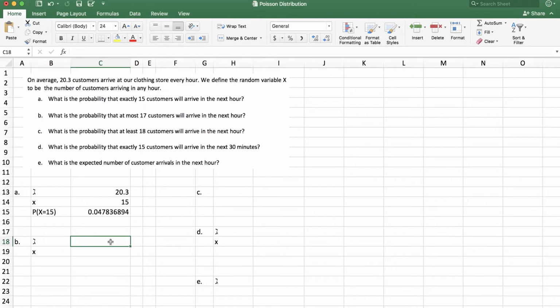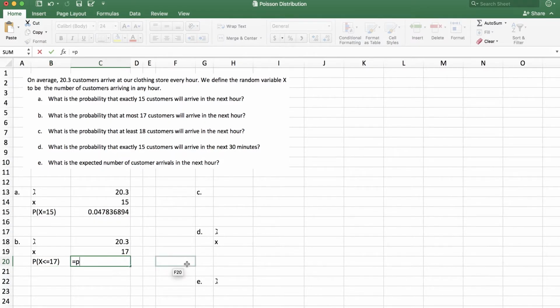First of all, I need to put what my lambda value is, which is 20.3 per hour. It didn't change. The X value in this case is 17, because we are going to look at most 17, and the probability that I am going to calculate is X less than or equal to 17. My function is POISSON.DIST. Again, I need to put in what X, mean, and cumulative answers are.